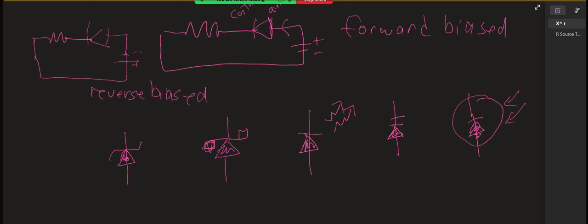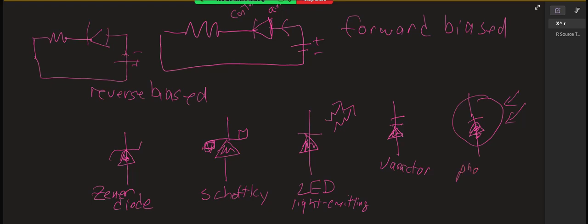Okay, so this one is a Zener diode. This one is a Schottky diode. This one is an LED, a light emitting diode. This one is a varactor. And this one is a photodiode.